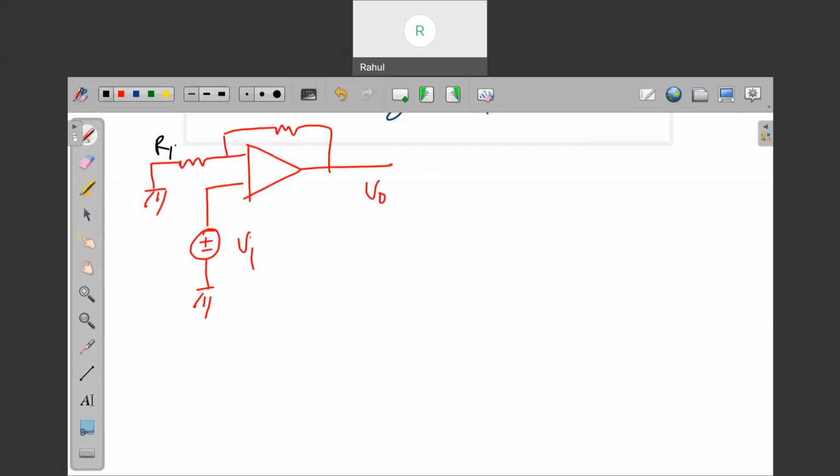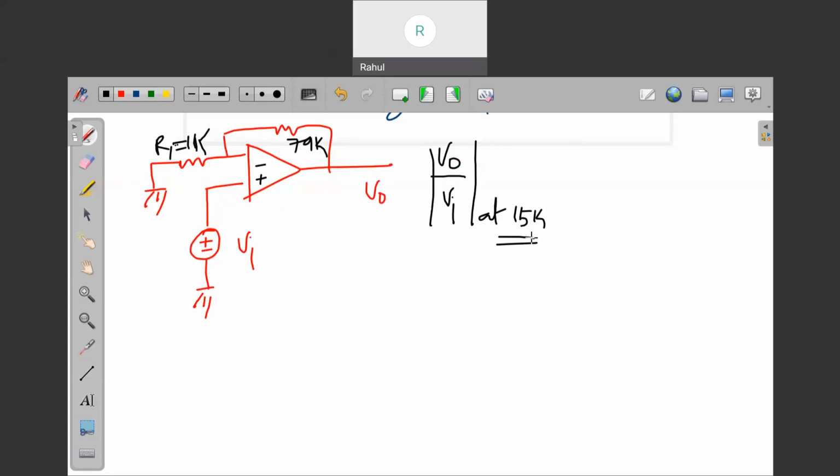This is R1, that is 1K, remember. And this guy is 79K. This is under negative feedback only. So what they are asking is V0 by Vi at 15K, what will it be?